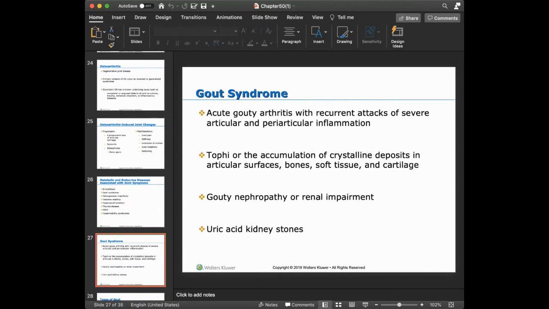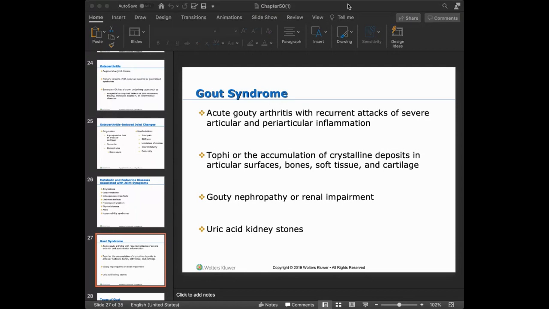Gouty arthritis comes from people who have gout, which comes from an accumulation of uric acid and those crystalline deposits into the joints and the bones. One of the primary problems that patients with gouty arthritis have is that when they have a flare, they see swelling in their joints.